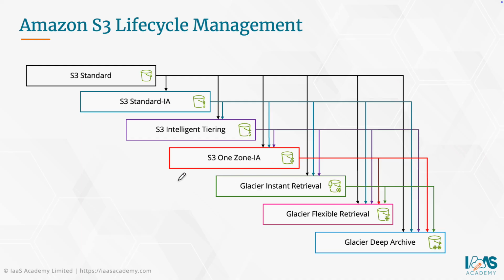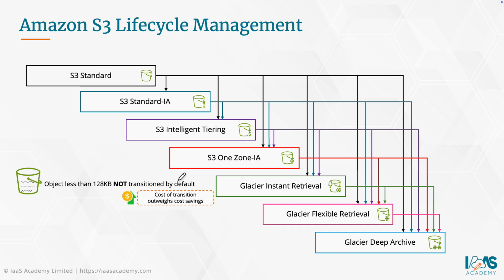Few other things to be aware of. If you have really small objects, less than 128 kilobytes in size, they are not transitioned by default. This is a fairly new change in 2024. The reason for that is because there's a cost involved in transitioning every single object, and usually the cost of transition would outweigh the cost savings incurred.